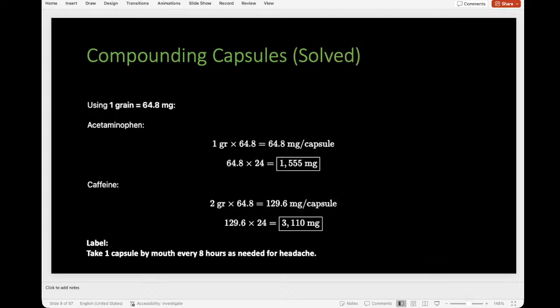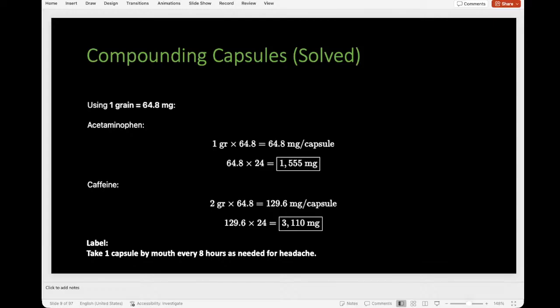Here is how the calculation is performed, how it's actually solved. You'd look at each of these ingredients, and you would calculate the amount in milligrams.